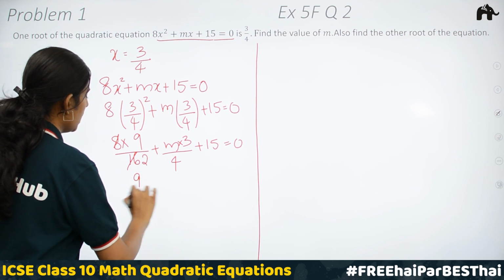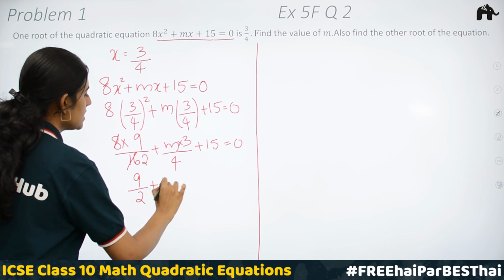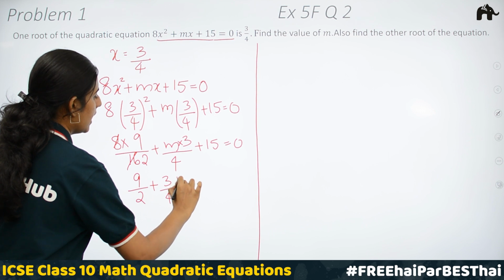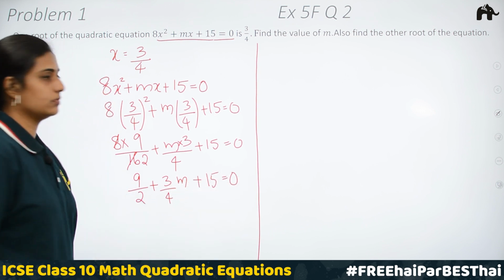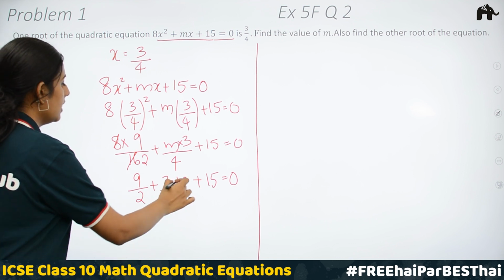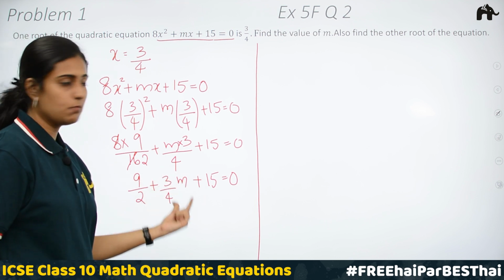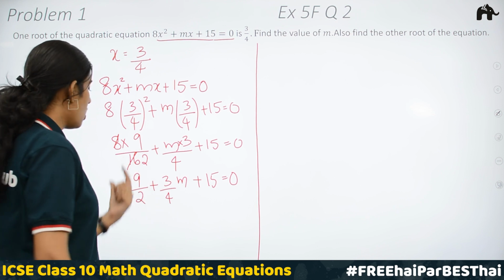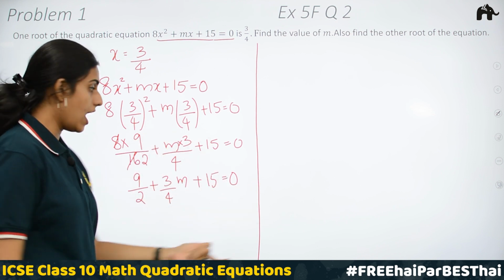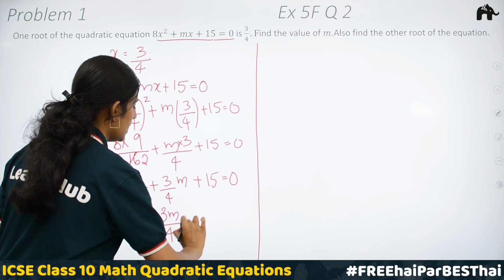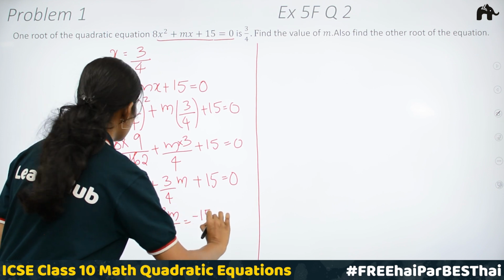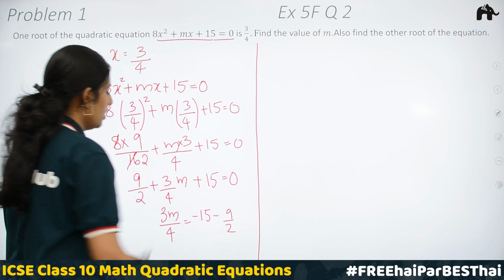That is 9 by 2 plus 3 by 4 m plus 15 is equal to 0. Next step, take the term containing m in the LHS, all the remaining terms to RHS. You will be getting 3m by 4 is equal to minus 15 minus 9 by 2.